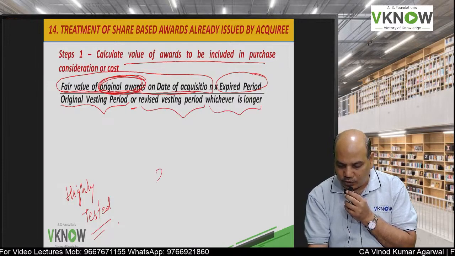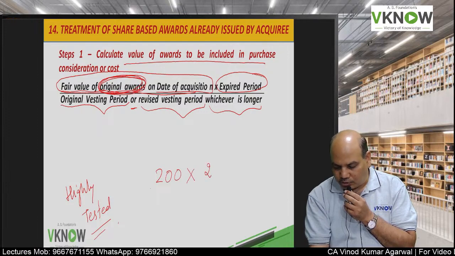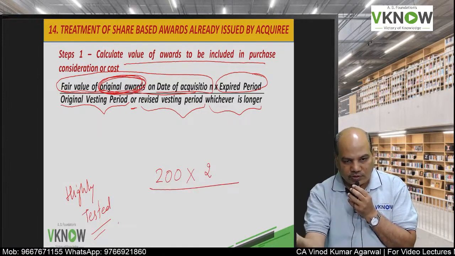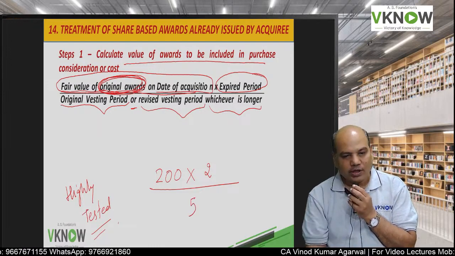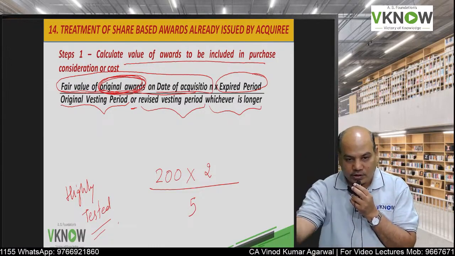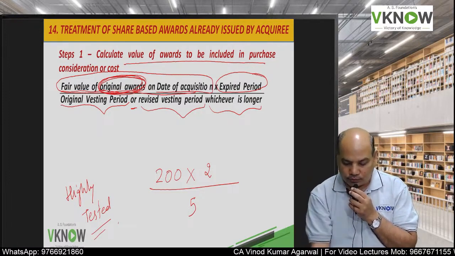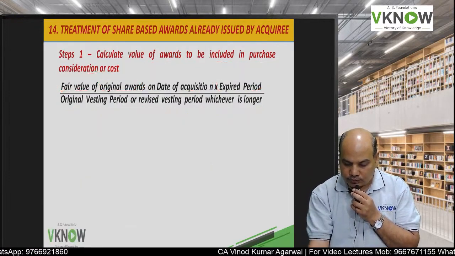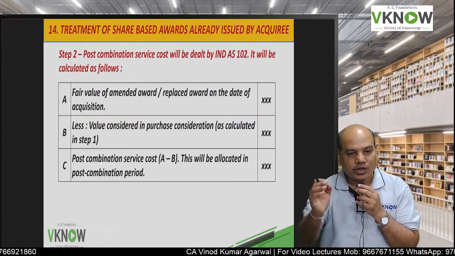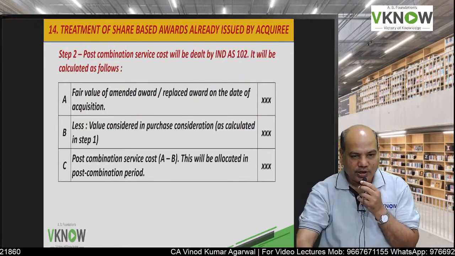So fair value of original award, suppose 200, period expired 2, original vesting period was 4, but the revised vesting period is 5, so I will divide by 5. But if original vesting period is 4, revised is 3, I will take 4. So this amount will be forming part of purchase consideration, which I had shown you in a table, share-based payment award.